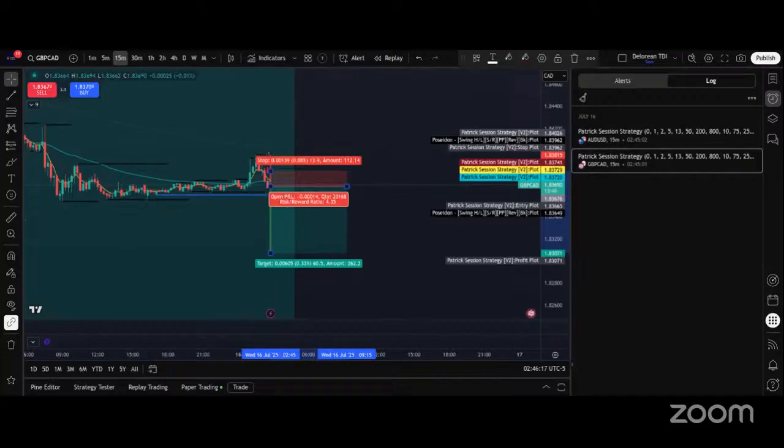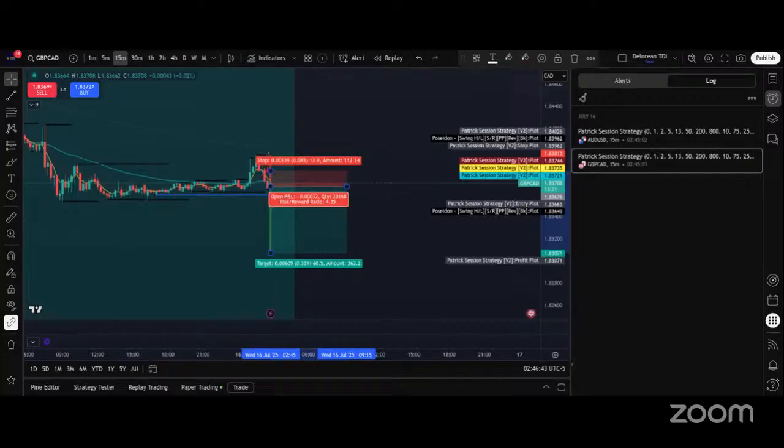Take profit is going to be 1.83071. That's going to be for 61 pips. Stop loss is going to be 1.83815. That's going to be for 14 pips.